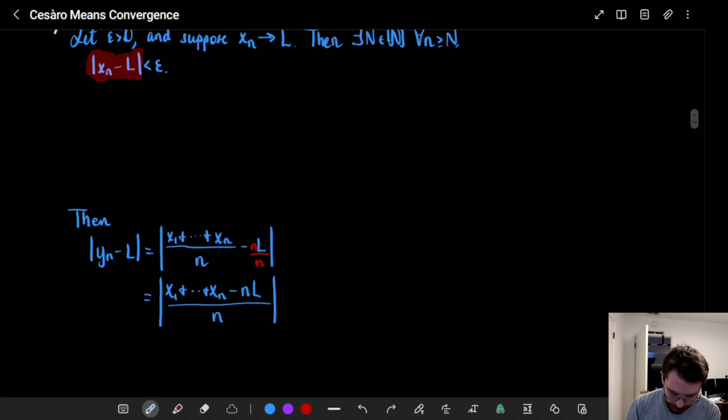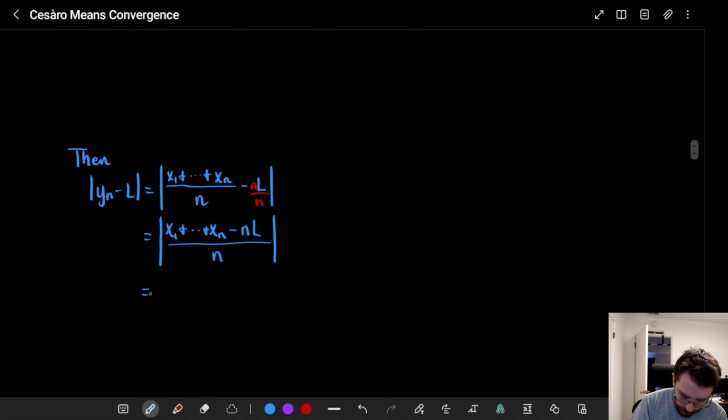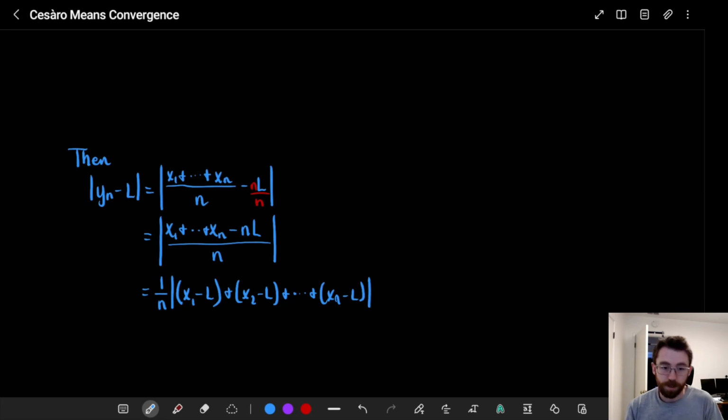So what that looks like, let me erase this highlighting. What that would then look like is, let's also just pull this 1 over n out. n is positive, so it can come outside the absolute value like this. And then I would just have x1 minus L plus x2 minus L, etc., until I get to xn minus L. That's all within absolute value bars.